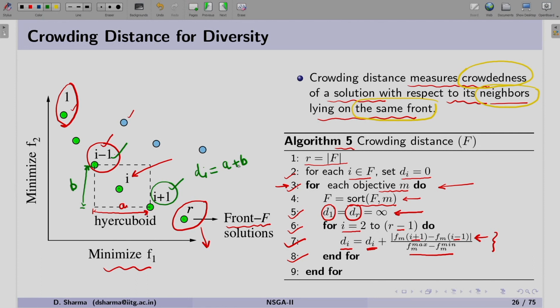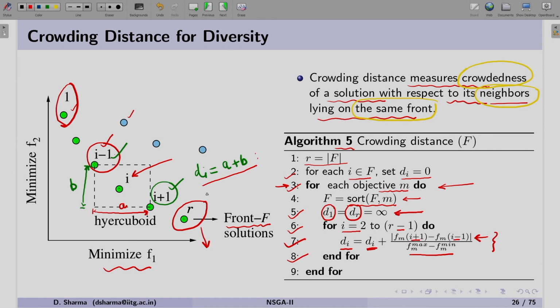The important point here is that this crowding distance, dI equals A plus B, is nothing but the perimeter.